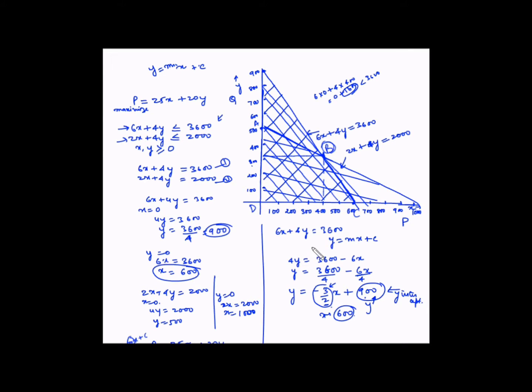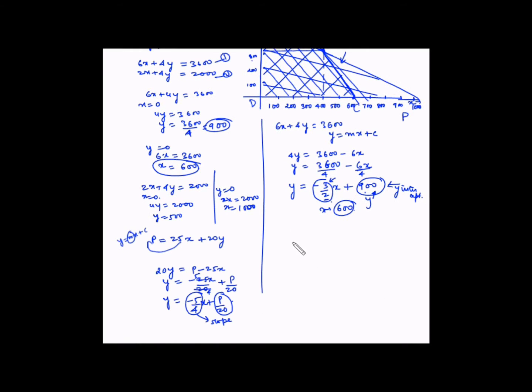Since drawing on the graph to find the x and y axis may not be as accurate, let us solve the two equations 6x plus 4y equal to 3600 and 2x plus 4y equal to 2000 to find the value of x and y.